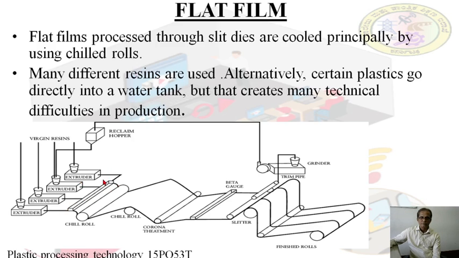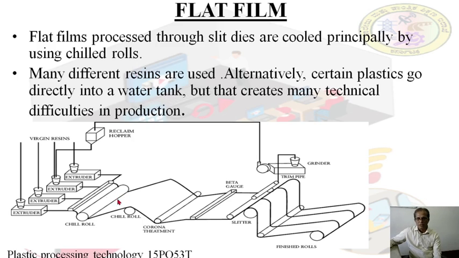From a common hopper the extruders are charged individually, and from there this molten material comes to the common die over here, and any width of the web can be produced.